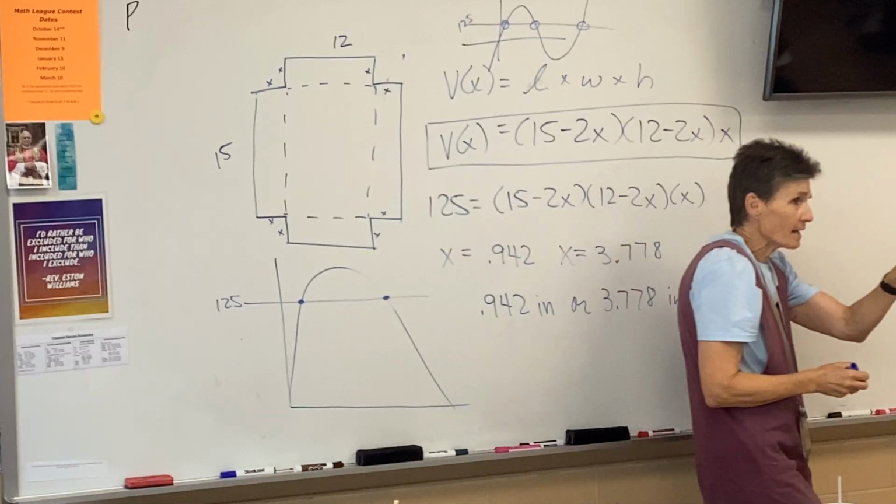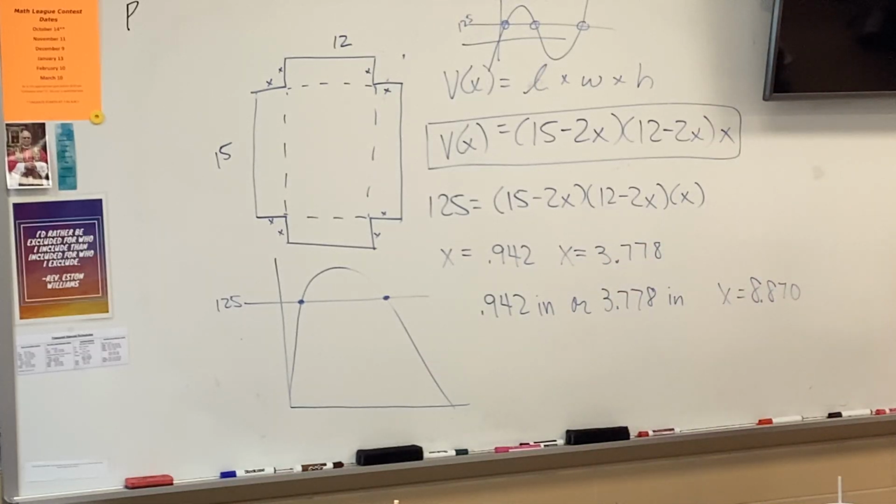But think about something for a minute. What is x? X is the size of the corner that you cut out. That paper is 12 inches wide. If you're going to cut a piece from each corner, and it's only 12 across, could that piece be 8? No. In fact, that piece has to be less than 6.